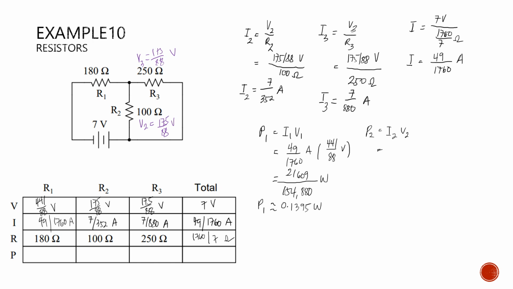And then for the second resistor, we have I2 times V2. So 7 over 352 amperes times... Okay, wrong value, that was the correct value for I and V for 1. For V2, it should be 175 over 88 volts.